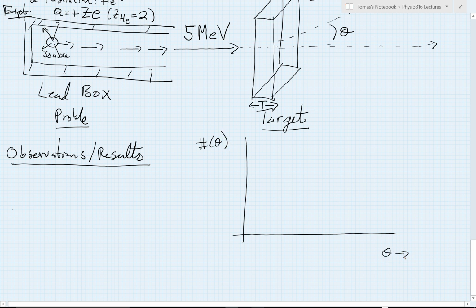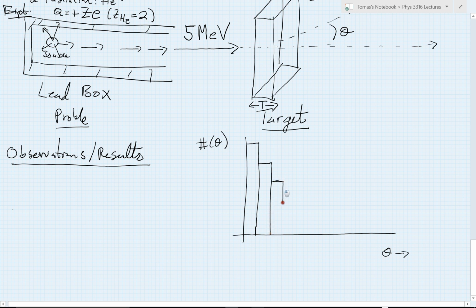They would, of course, just ignore the particles that didn't interact with anything, so we're not going to worry about theta equals 0. But then you look at the next small range of theta, and they typically would find some number are scattered into that first range above 0, and then they count how many are in the next range, and so forth.